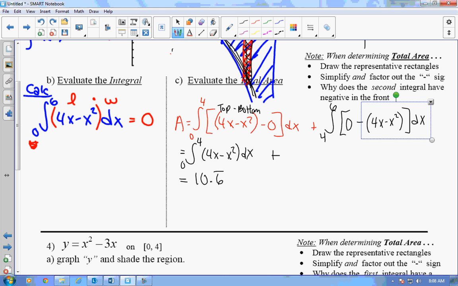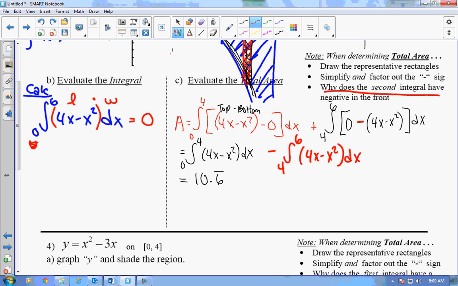Well, doesn't it have a negative 1? So instead of plus, this is actually minus the integral from 4 to 6 of 4x minus x squared dx. Okay, why does the second integral have a negative in front?